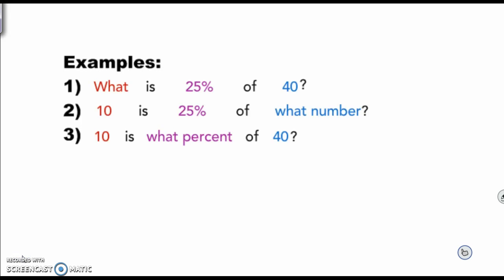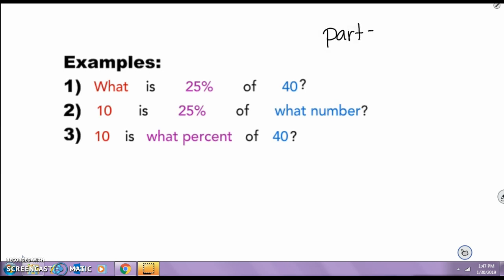Look at these examples. What is 25% of 40? Remember, our percent equation is part equals percent times whole. In this problem, we are trying to figure out our part.